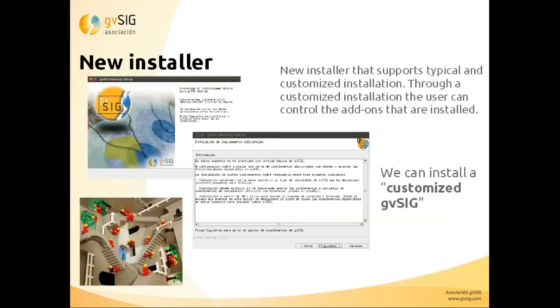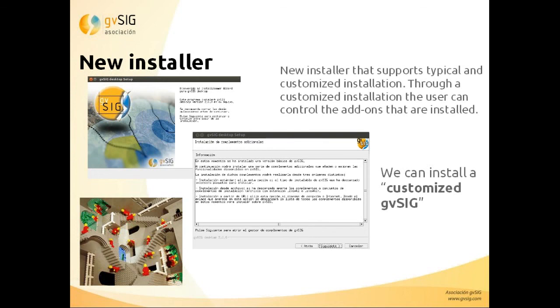One of the main novelties is the new installer. With the new installer, the user can select the typical or the customized installation. So the user can control what plugins and extensions he wants to install.